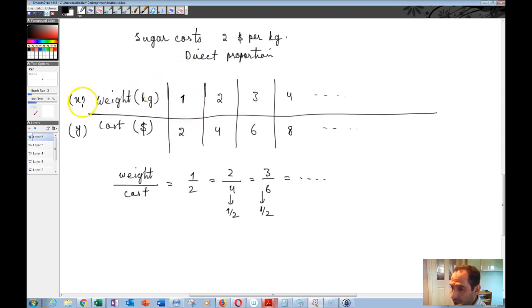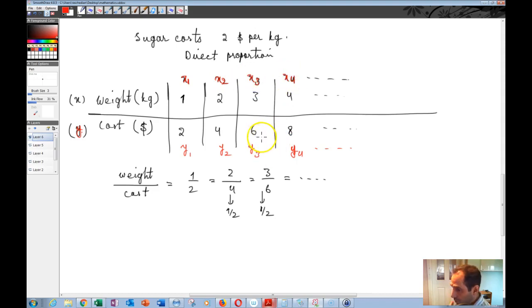If you denote the weight of the sugar as x and the cost of the sugar as y, then you can denote these entries by x1, x2, x3 and x4 and so on, and the other entries as y1, y2, y3, y4 and so on.